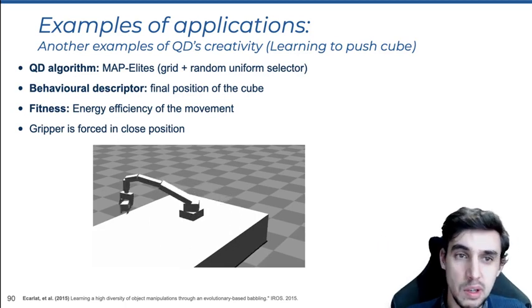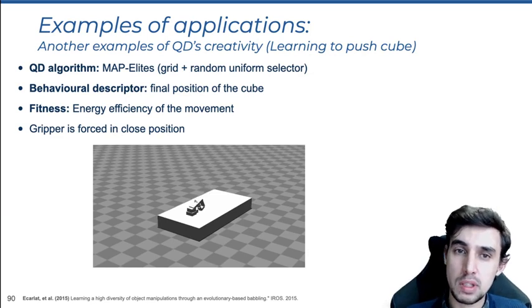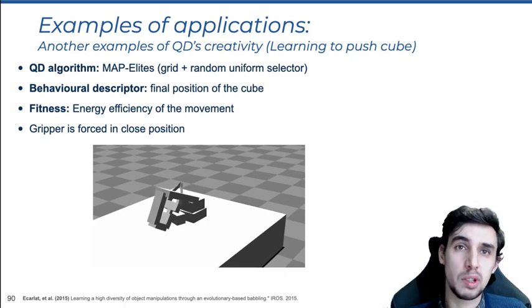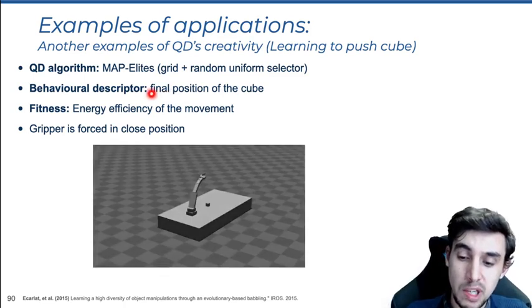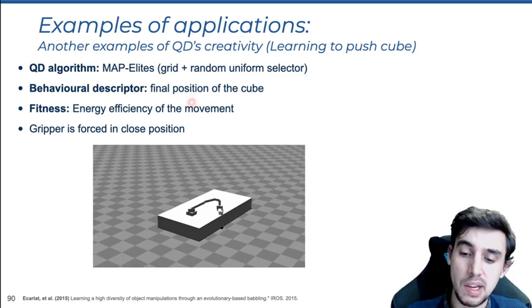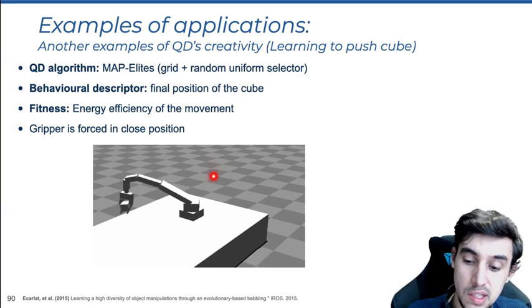And here's a second example, same thing, smashing the cube from the side in order to force the physical simulator to grasp the cube and solve the problem in a different way. So actually, we had this result because we made a mistake when we defined the BD descriptor, because we also included the z coordinate.